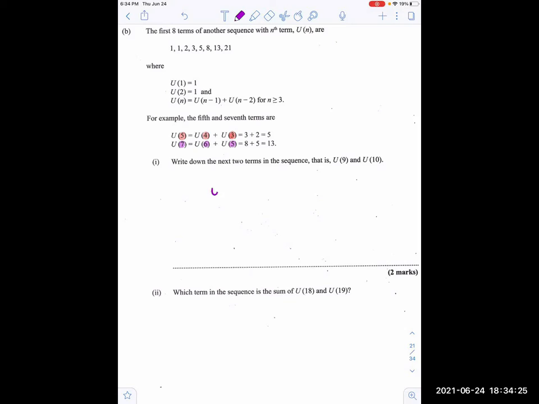Write for me U9 and U10. I'm sure you all could write it. Go ahead.